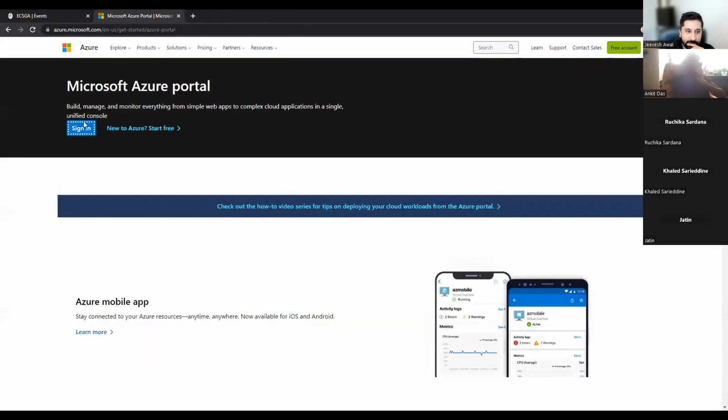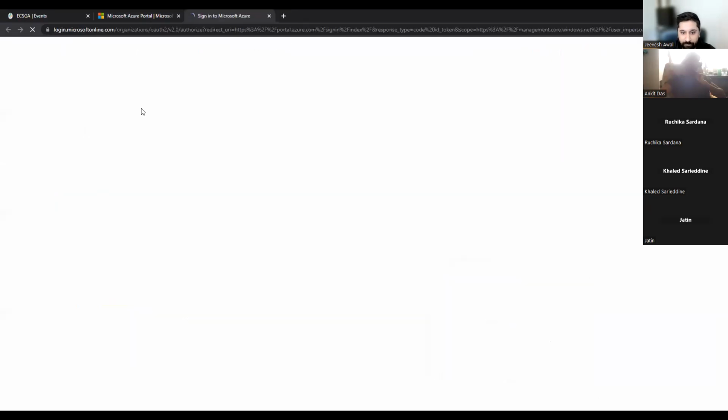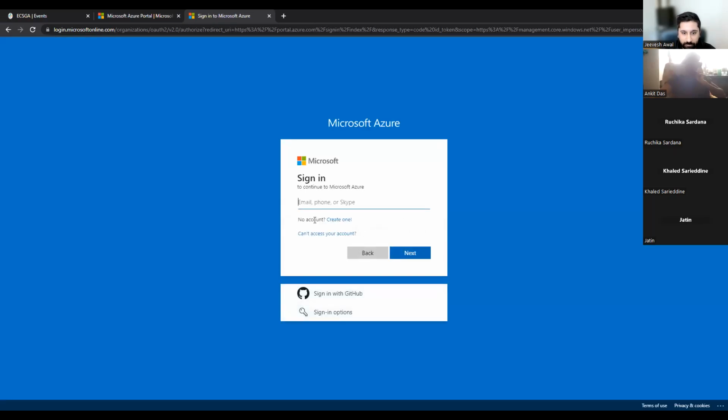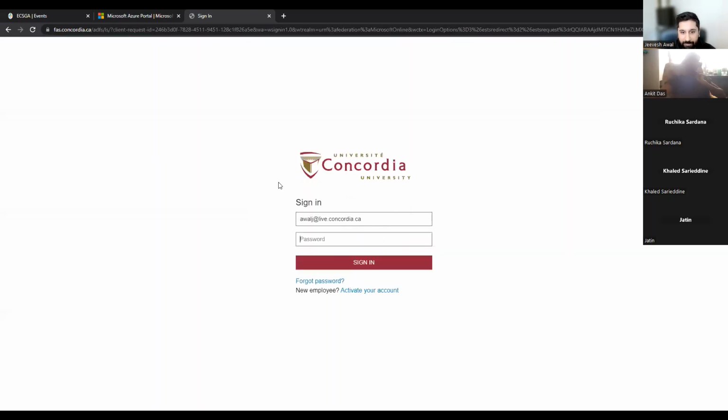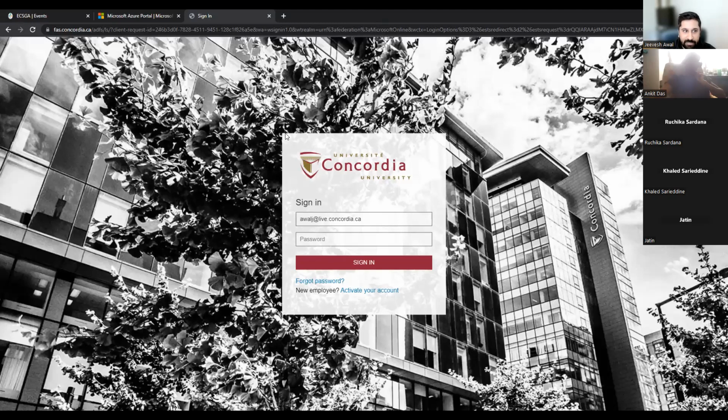Multiple IDs. Now, as I am an alumnus, I'm not super sure if it will allow me or not, but I'm trying my best. Yes, see, this is single sign-on. I will sign into my Concordia account and I'll be good to go.